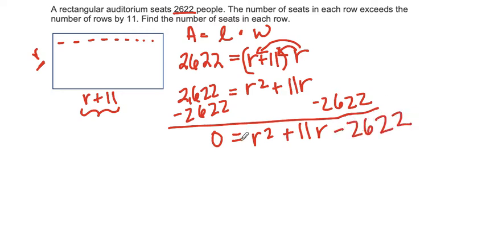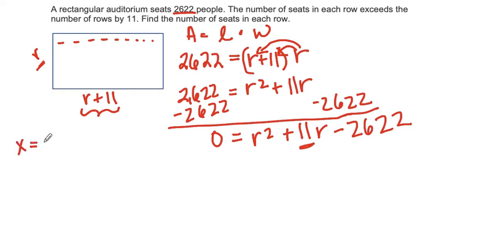Okay, so now I'm all set up, but I can't factor this myself. I don't know what numbers are factors that would add up to 11 for this one. So I'm going to use the quadratic formula to solve it.